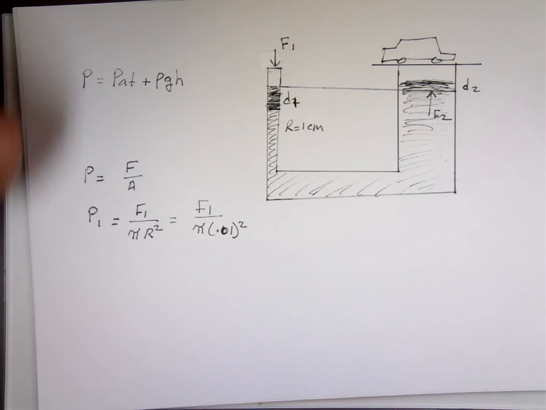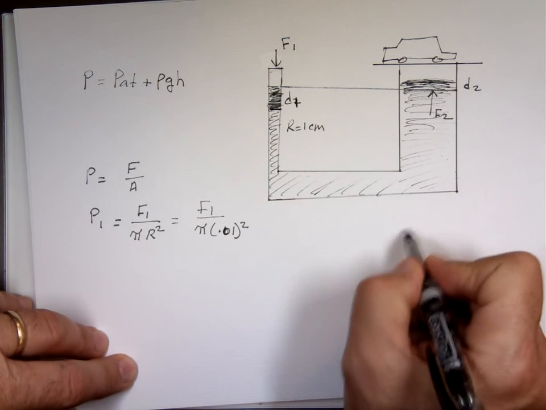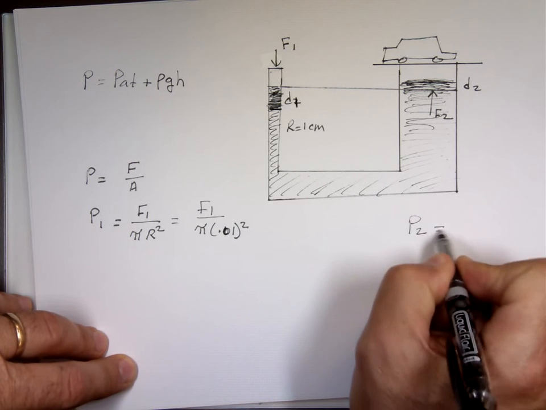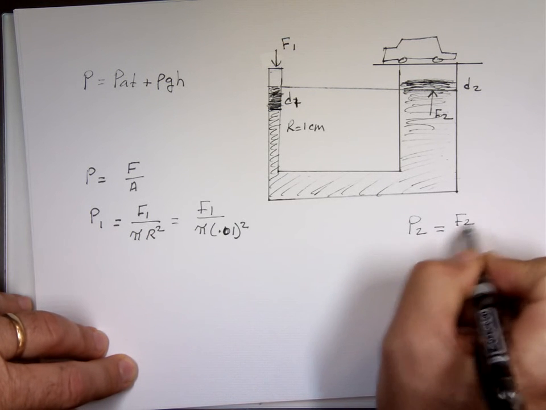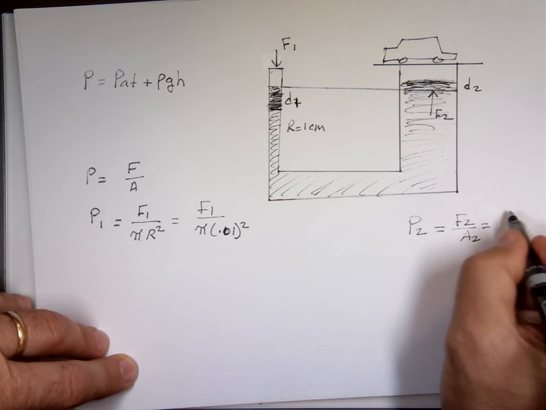On the other side, if you pick the same height, pressure 2 is going to be force 2 divided by area 2. Force 2 usually is the weight of the car, which is mass times gravity.